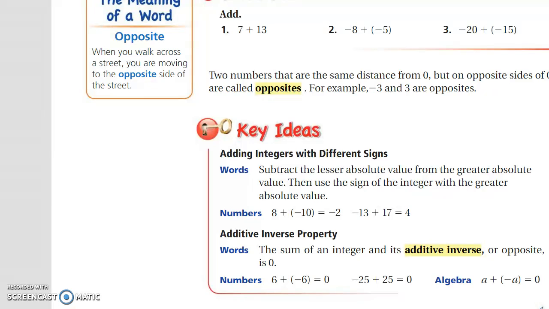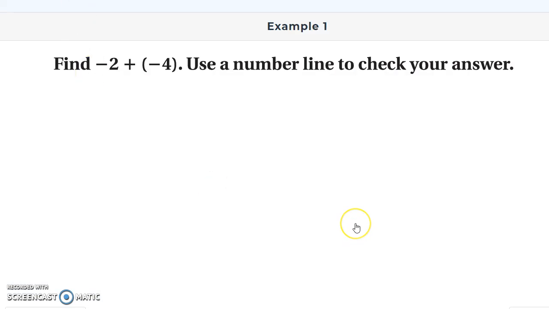All right, let's take some practice with these rules. So we're going to find negative 2 plus a negative 4. Remember, our rule is to add the absolute values and use the common sign. So my absolute value of negative 2 is 2, and my absolute value of negative 4 is 4. 2 plus 4 is 6, and then I'm going to use the common sign, which is negative.